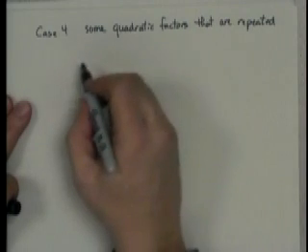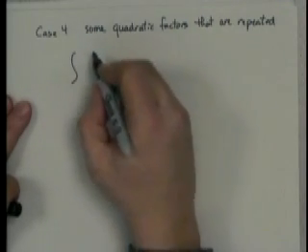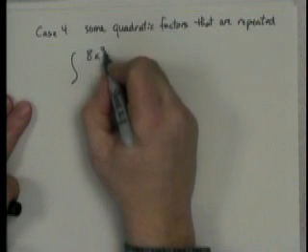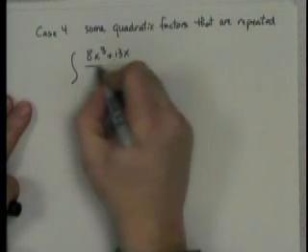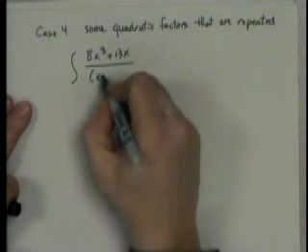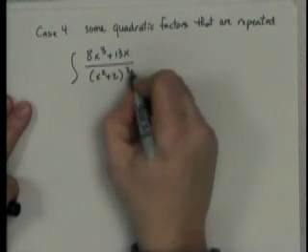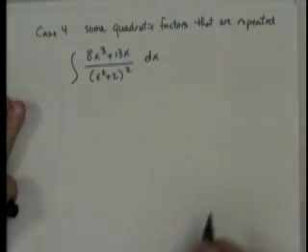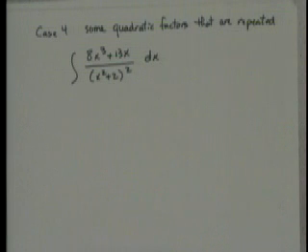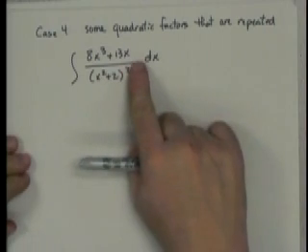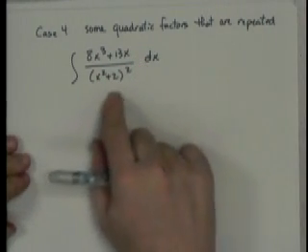So I might have something like this: 8x cubed plus 13x over x squared plus 2 squared.